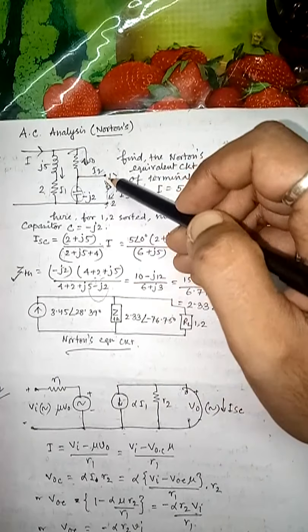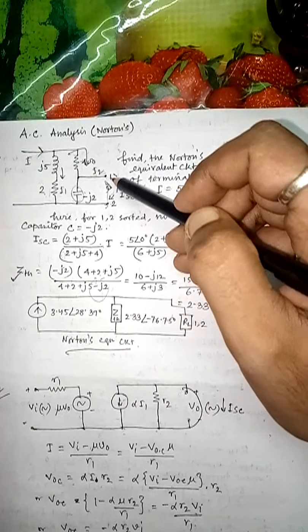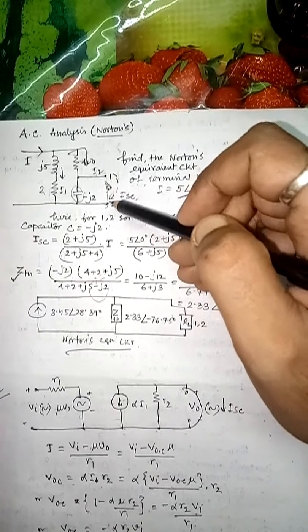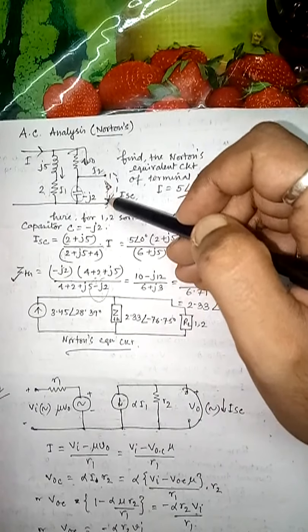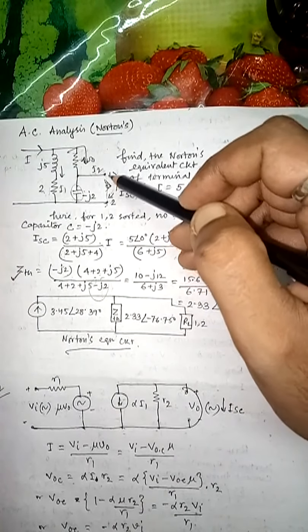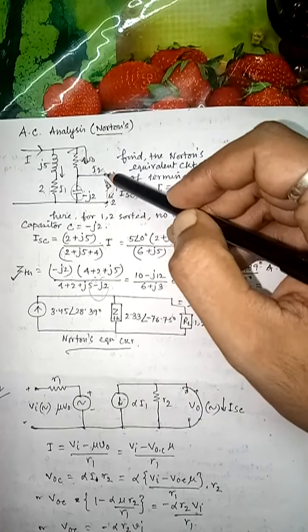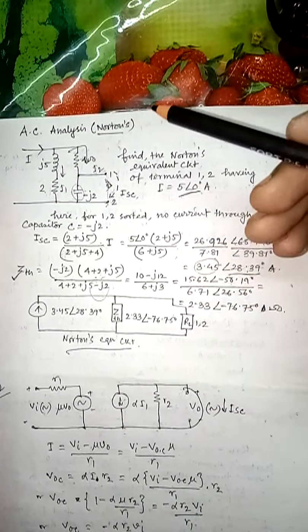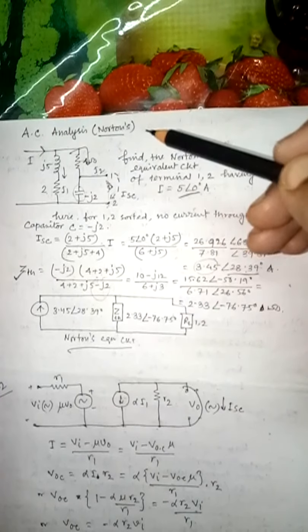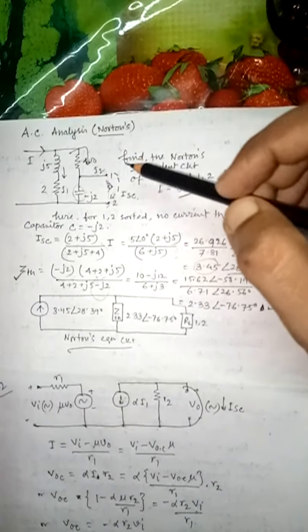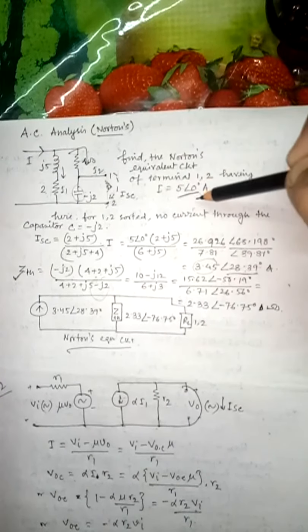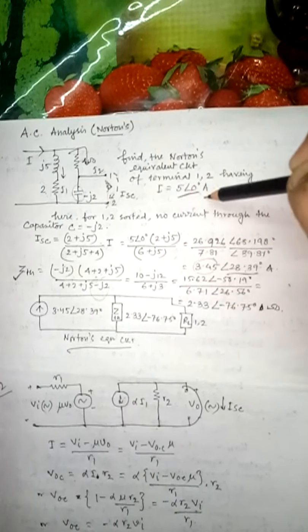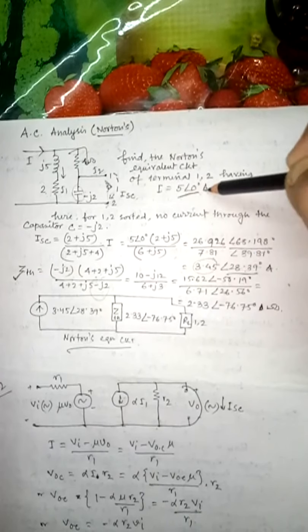The tap is named as 1, so it is the 1 and 2 node. It is a Norton circuit, so you have to find the short circuit current and R Thevenin. So how to do this? First of all, the current source is given as 5 angle 0 ampere.